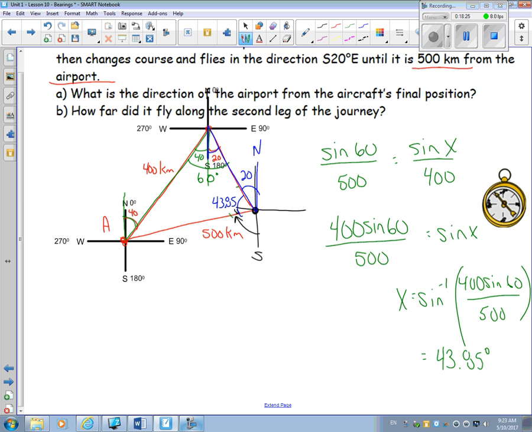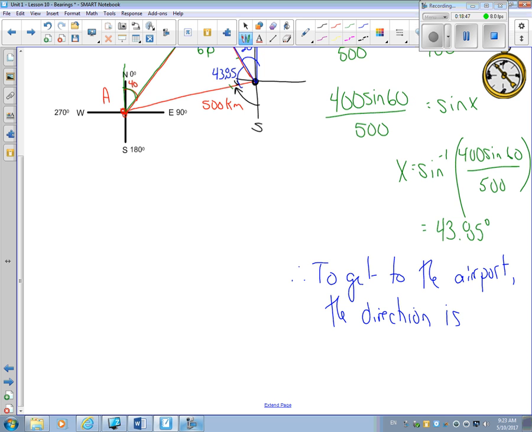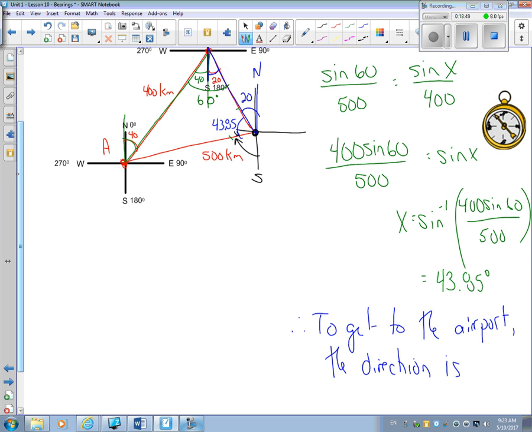So if this is north, to get to the airport, I actually have to fly, write this down, to the airport. The direction is, okay, here's the tricky part, ready? I gotta start at north and go this far to the west.